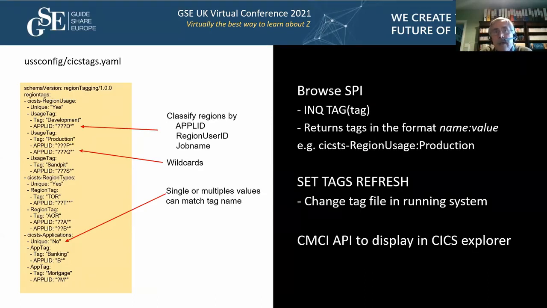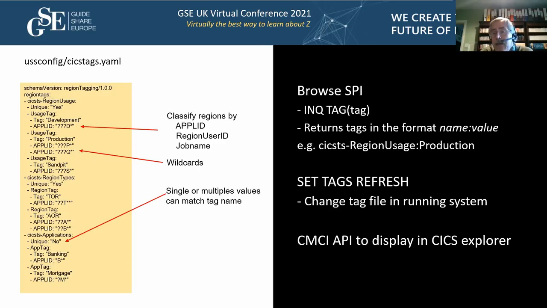Now that is coupled with a browse SPI, so that you can display what tags there are on a region. The browse SPI will come back with a series of tags such as CICS TS region usage production.